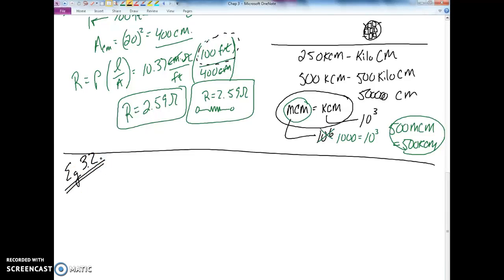Where an undetermined number of feet of wire have been used from a 500-foot spool of wire. Find the length of the remaining copper if the diameter is 1/16 of an inch and the resistance is 0.8 ohms. So they tell us that the resistance is 0.8 ohms.